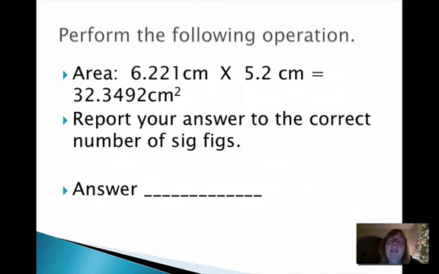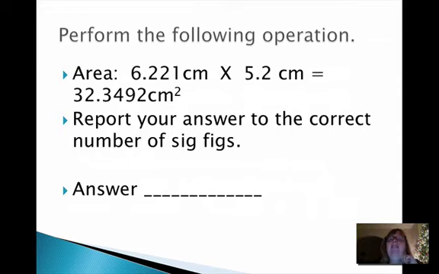When you punch this into your calculator, it doesn't pay any attention to significant figures at all. It just spits out all kinds of numbers, and all those numbers at the end are really meaningless. My calculator gave me 32.3492. Centimeters times centimeters is centimeters squared, so that would be my unit. But I should not report all these numbers in my answer. Remember, I had 4 significant figures in the 6.221, and only 2 significant figures in the 5.2.